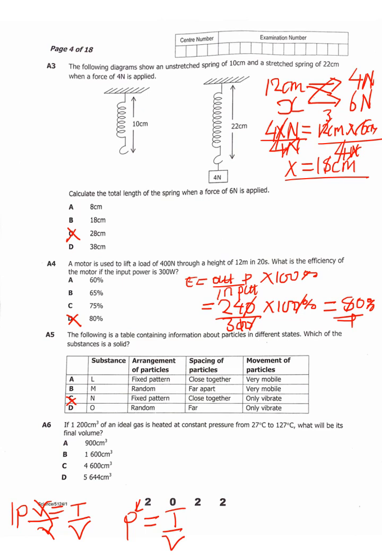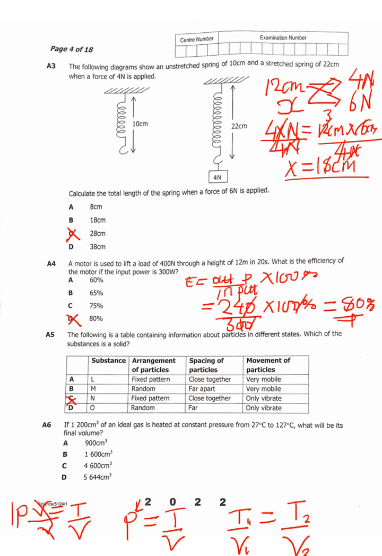So we get T1 over V1 is equal to T2 over V2. If you want, you can also write it as V over T is equal to V over T. It doesn't matter which one is the denominator and which is the numerator. The answer is always the same.